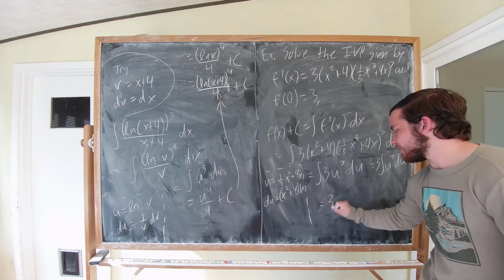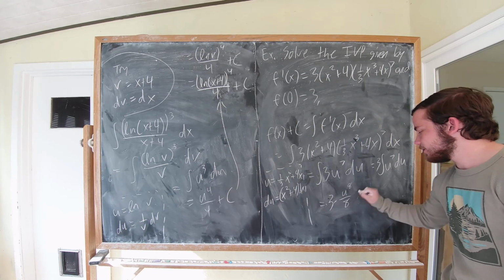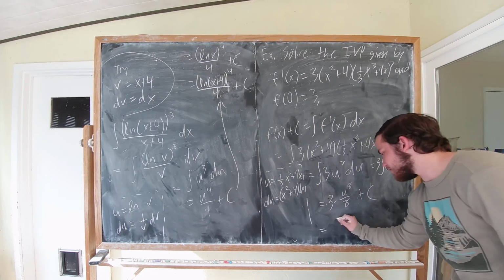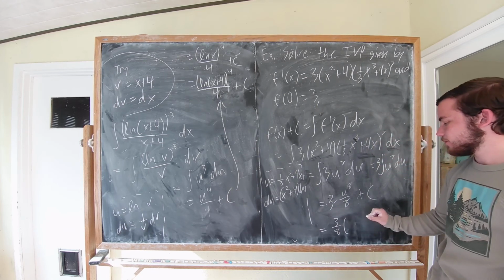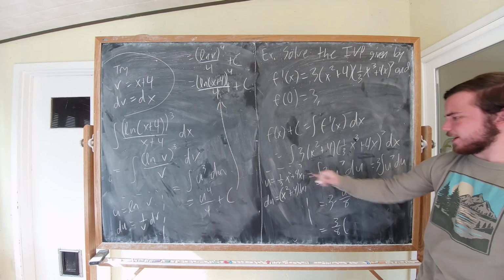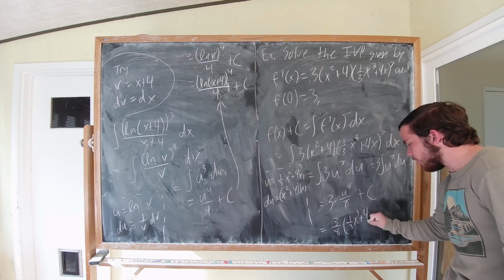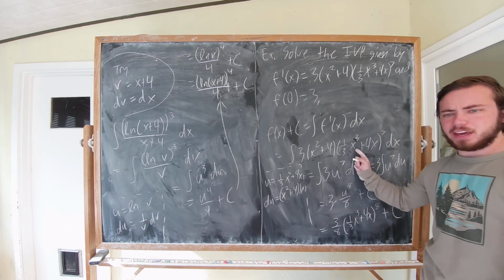The power rule then says that's 3 times u to the 8th over 8 plus c. Substituting back in gives us 3/8 times (1/3 x cubed plus 4x) all to the 8th power plus c. So we've solved the integral.